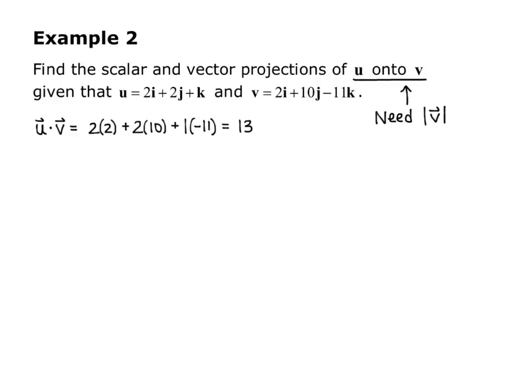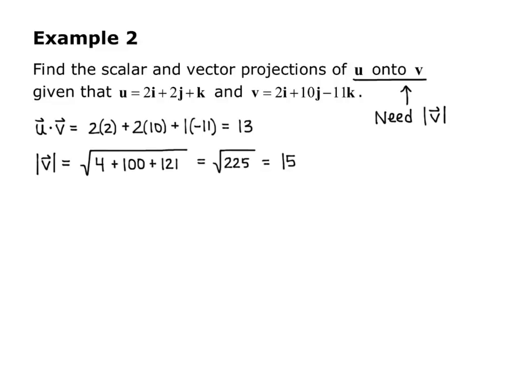Now I'm doing u onto v, so that means I need the magnitude of v. The magnitude of v is the square root of 4 plus 100 plus 121, and that simplifies to the square root of 225, which is equal to 15.